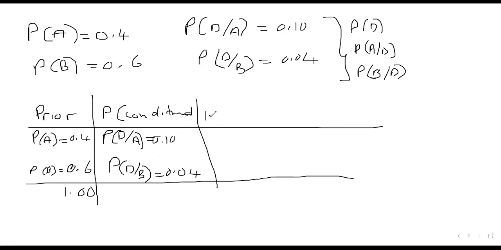The intersection. We must ensure that this one is the same as the initial. This one is the same as the initial. So what intersection are we going to get between these two? It will be A intersection D. So when we apply these two, we're going to get 0.04. Then when we apply these two, we're going to have D intersection B. This by that, it is 0.024.